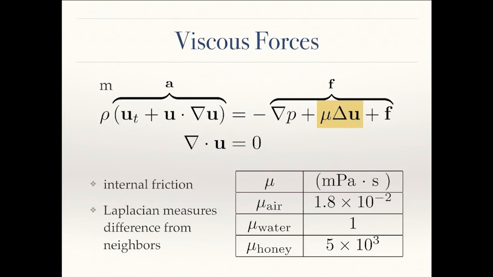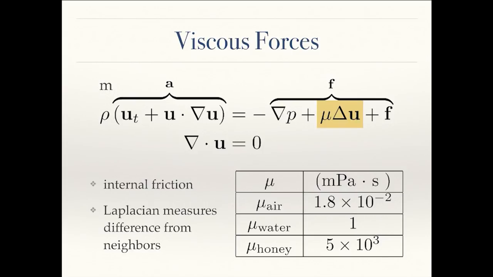Intuitively, we can think of the fluid as flowing in layers. The velocity is changing as you go through the layers, but viscosity tries to make those velocities equal. So viscosity is making the fluid drag on itself. Mathematically, this is measured by the Laplacian, which is this differential operator here that takes second derivatives. We'll see it a little bit more later.